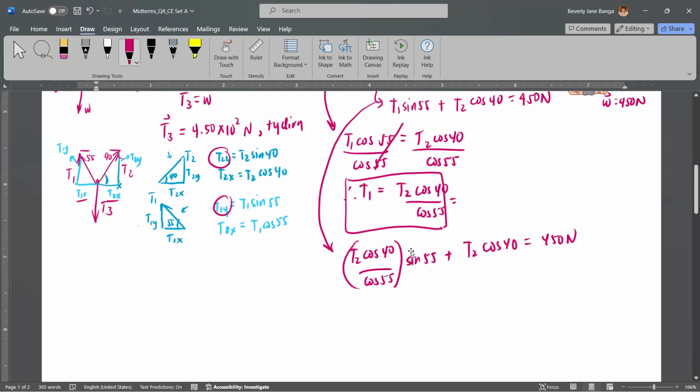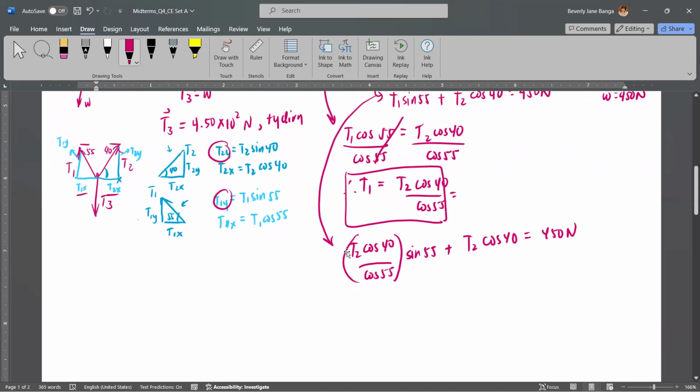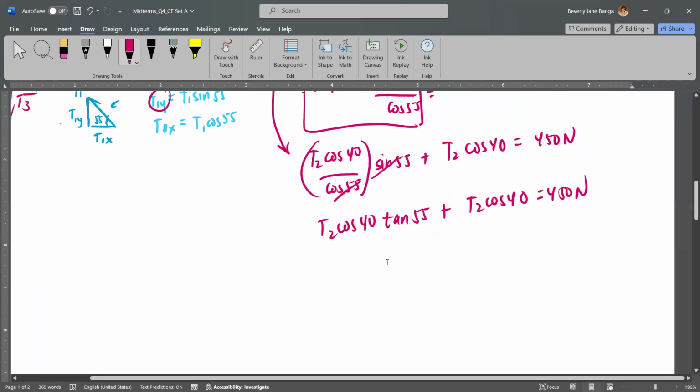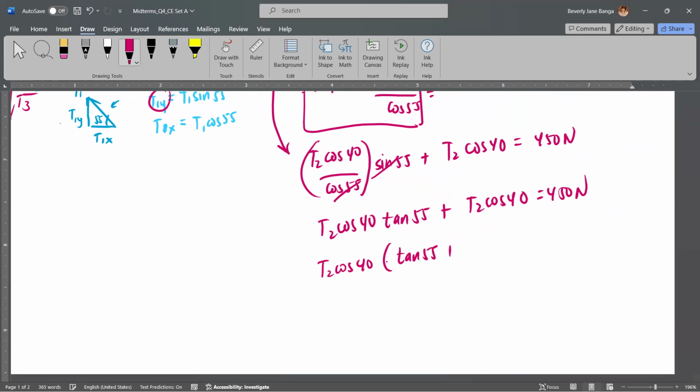Okay, so this is the long cut, where we could have assumed something here but I didn't. So we can make this T2 cos 40, and sine over cosine is simply tan 55, plus T2 cos 40 is equal to 450 newtons. Okay? You'll see we have something similar here, so I can factor out T2 cos 40 times tan 55 plus 1 is equal to 450.